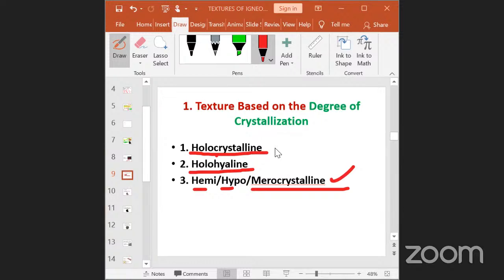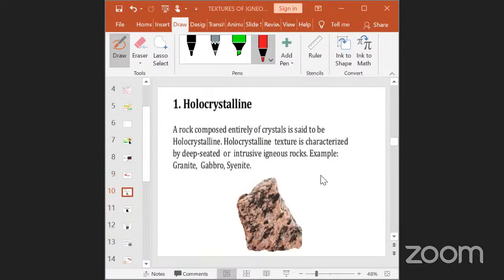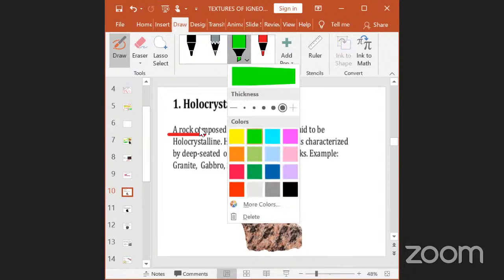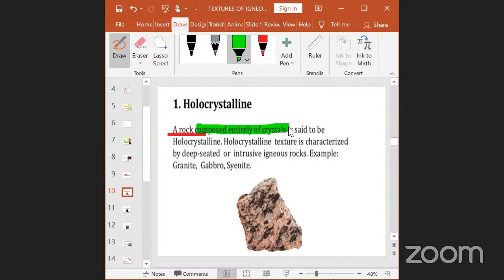First one, holocrystalline. A rock composed entirely of crystals is said to be holocrystalline. Holocrystalline texture is characterized by deep seated or intrusive igneous rocks. The rock is composed entirely of crystals, which may or may not be visible without magnification.